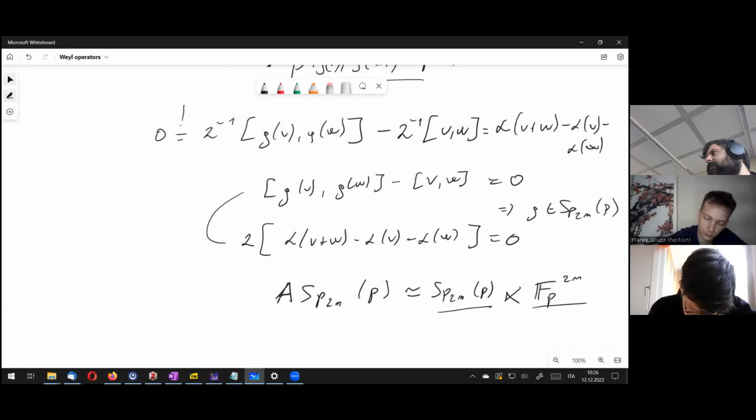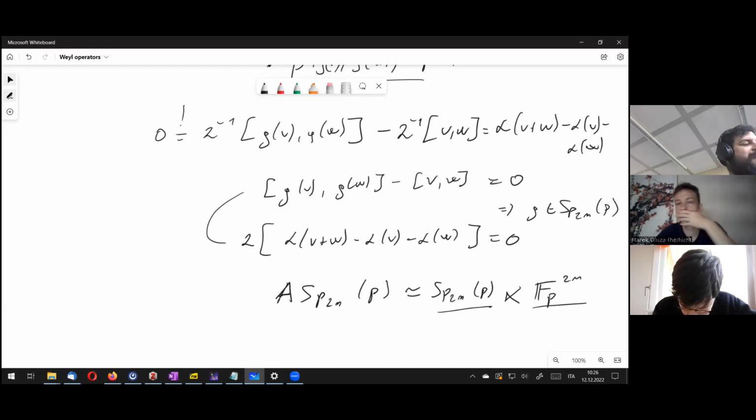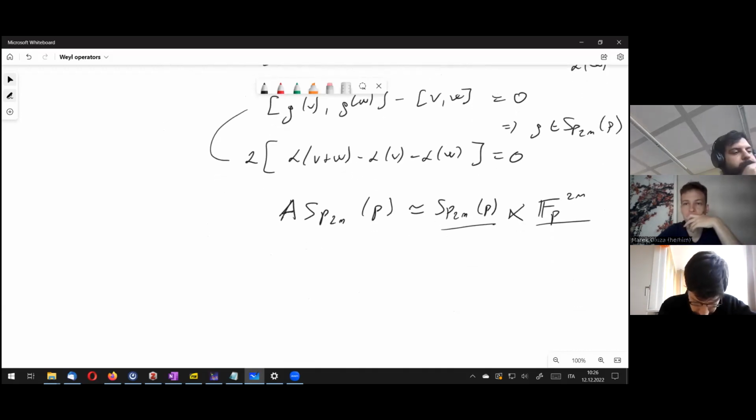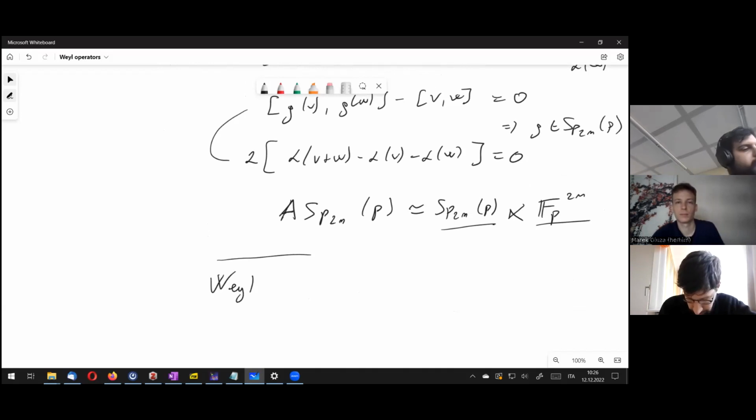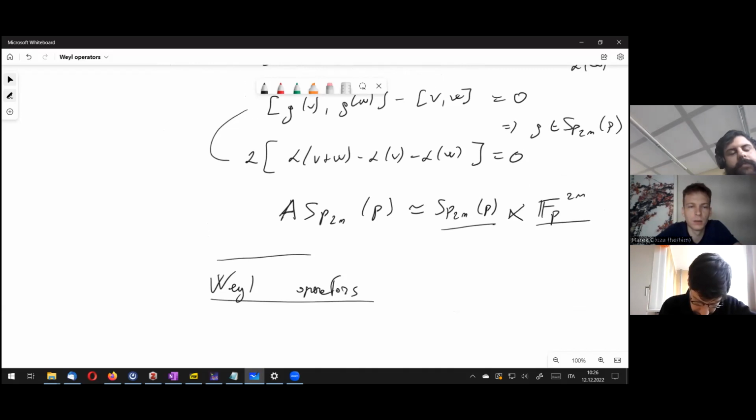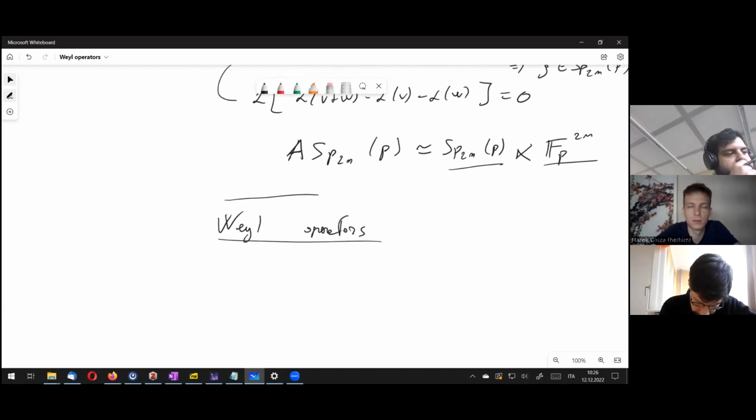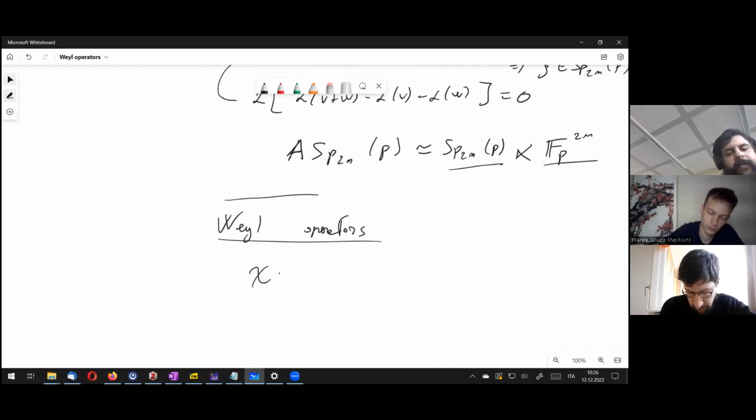So I have a little bit more, just stop me if we run out of time. Because now I would talk about the Weyl operators for the Heisenberg group. And to do that, we first introduce a character of F p.